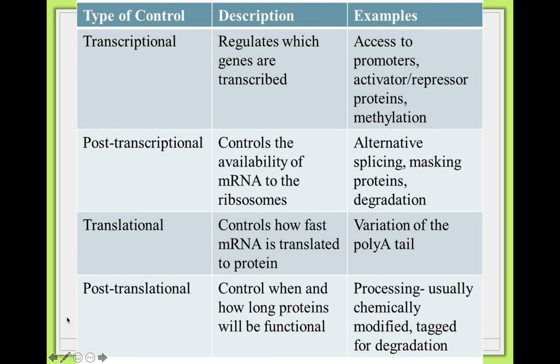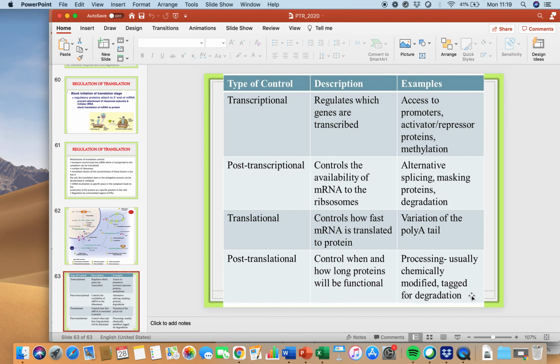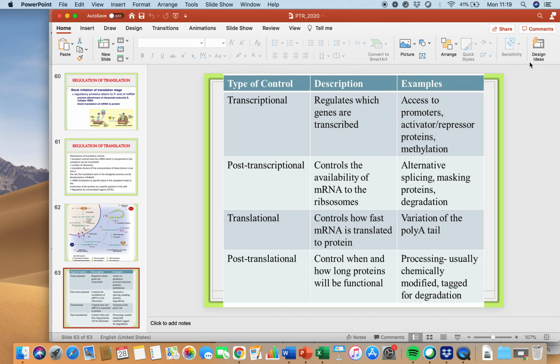Post-translational control controls when and how long proteins will be functional, because sometimes the protein will cease to function or be degraded. It involves, for example, processing, where proteins are usually chemically modified or tagged for degradation. So there you have it, everything about post-transcriptional regulation.